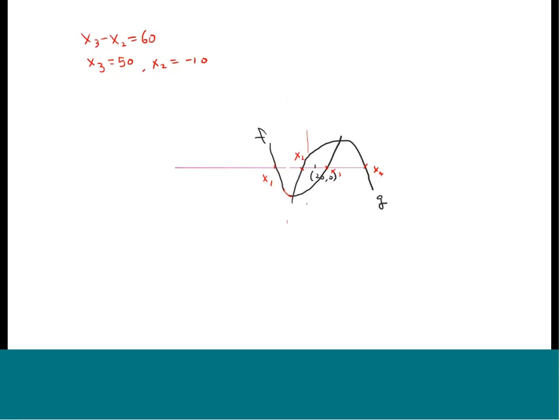This is the y-axis. Okay, something like that, right? Have x3 and like that. So you can assume f(x) equals a times (x minus 50) times (x minus b). We don't know what actually is x1, by the way.